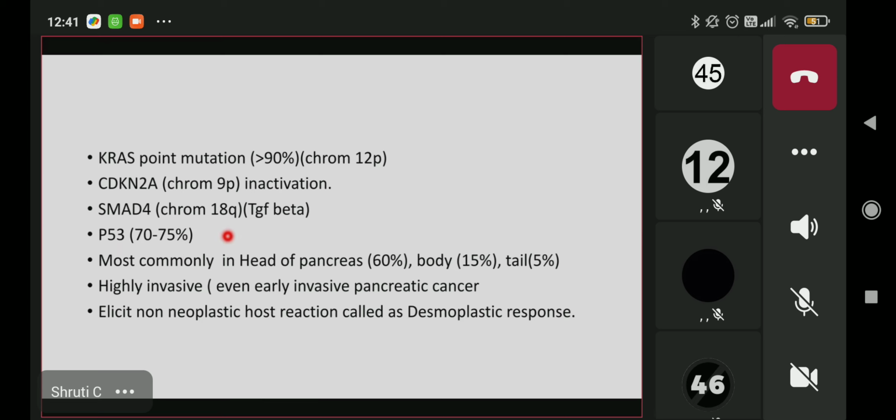Basically, what happens is that, like in colorectal cancers, it follows a somewhat similar pathogenesis. In pancreatic cancer also, there is a progression from non-neoplastic epithelium to adenoma and finally to invasive carcinoma.